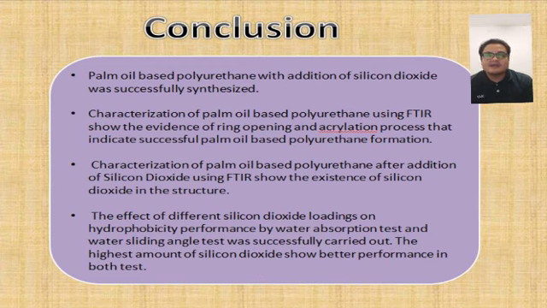And characterization of palm oil-based polyurethane after addition of silicon dioxide using FTIR show the existence of silicon dioxide in the structure. And the effect of silicon dioxide loading on hydrophobicity performance by water absorption test and water sliding angle test was successfully carried out. The highest amount of silicon dioxide show better performance in both tests.